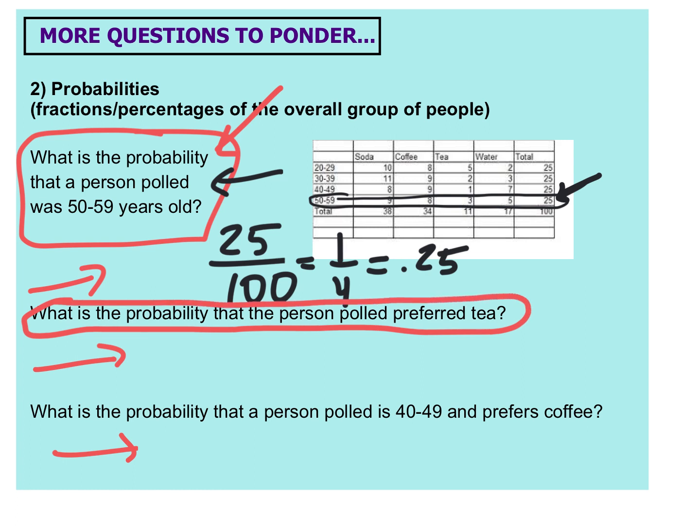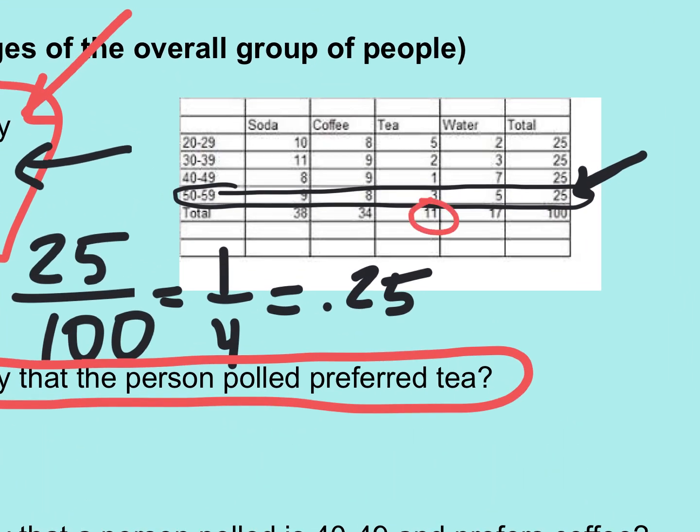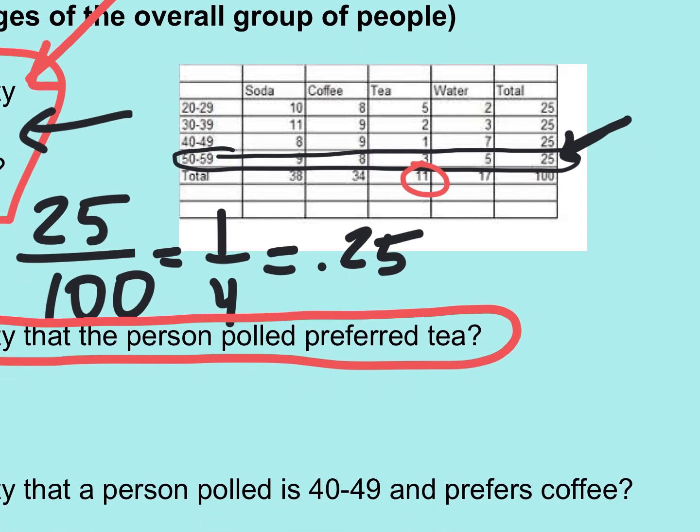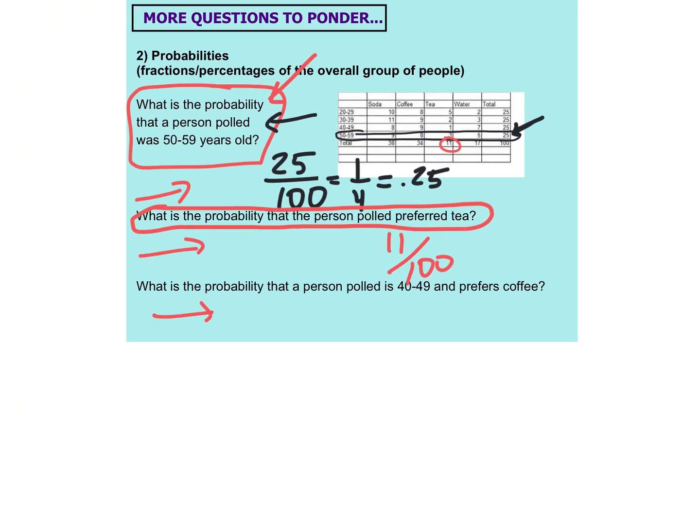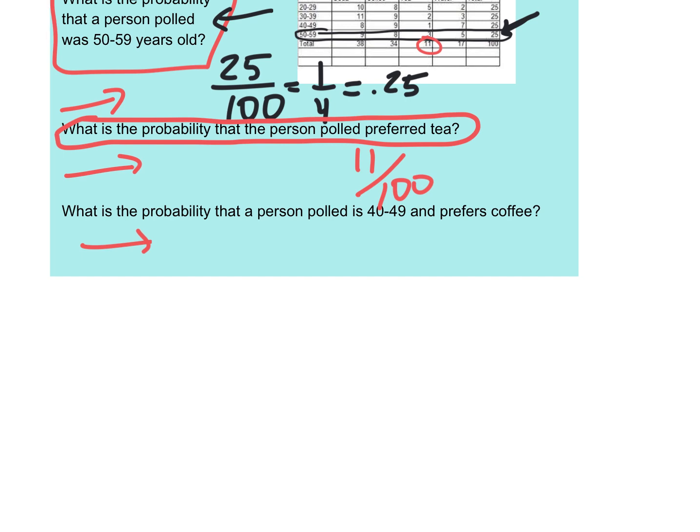So that means we're just talking about tea lovers, which is all of the tea lovers, not necessarily the 50-year-old ones. So I'm going to interpret that as meaning 11 tea lovers out of 100. And I totally get why you might have thought they were talking about 50-year-old tea lovers, which would have been 3 out of 100. But it didn't say that, did it?